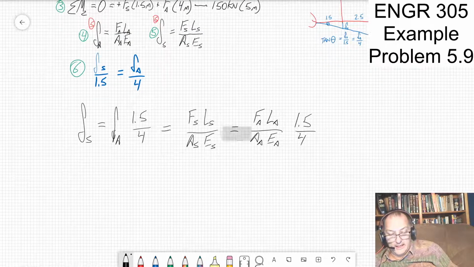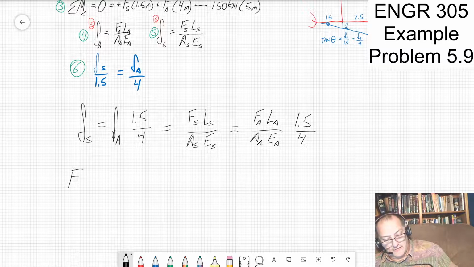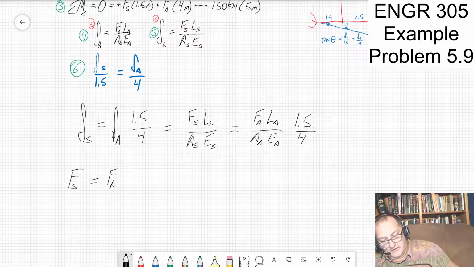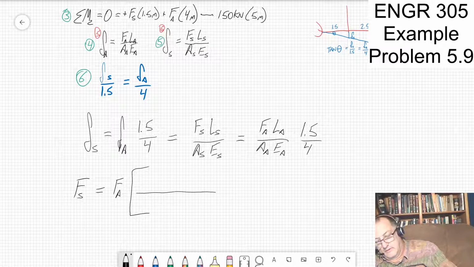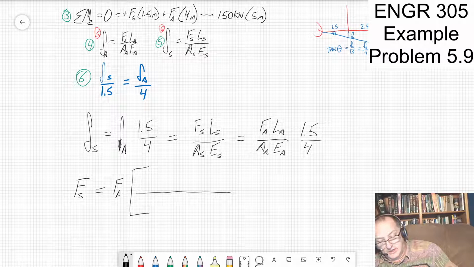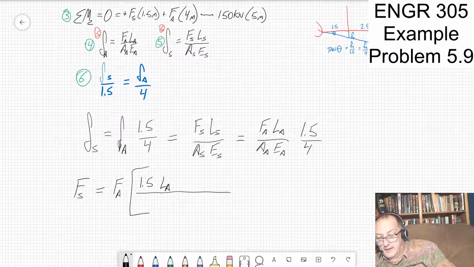And now I'm going to say force of the steel is equal to force of the aluminum, and I'm going to move all the terms from steel over. And I'm going to organize all these other terms. The terms on the top with the aluminum are a 1.5 and a length of the aluminum. And then my 4 goes down below.